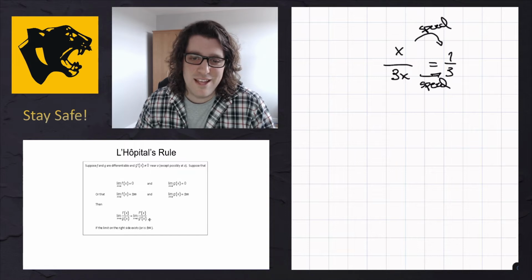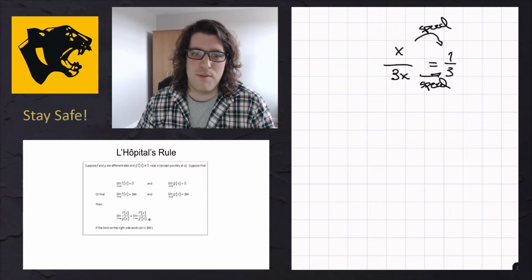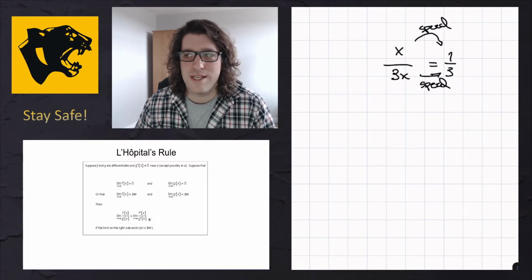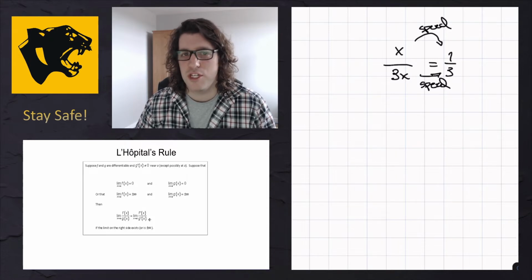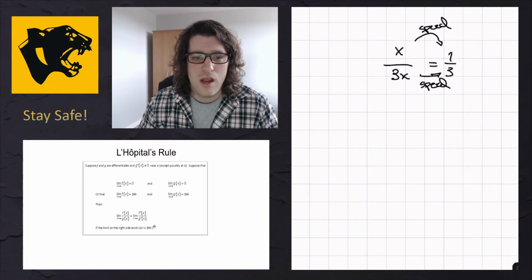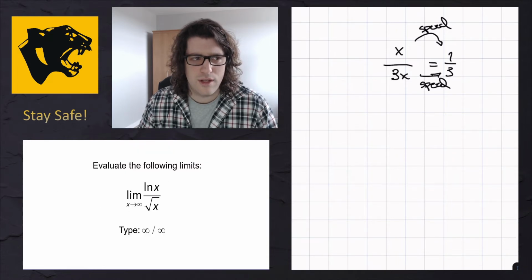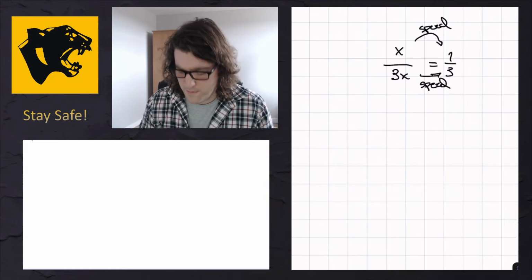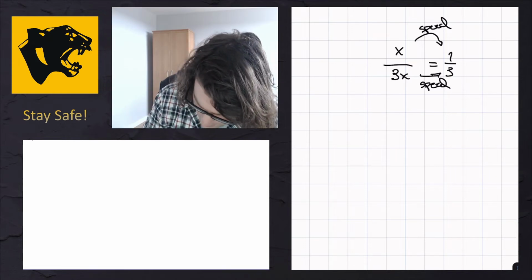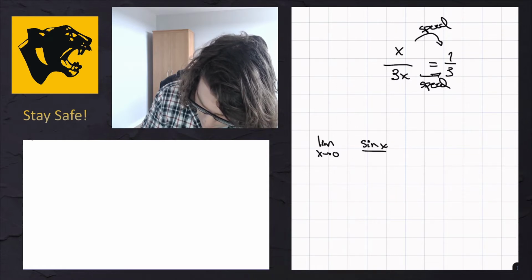So in the case of L'Hopital's rule, it actually is just the derivative of the top divided by the derivative of the bottom in order to get that comparison of the speeds in this particular case, which gives you the overall limit as well. Before we do that, let's take the one we know the result of, which is the limit as x approaches 0 of sine x over x.